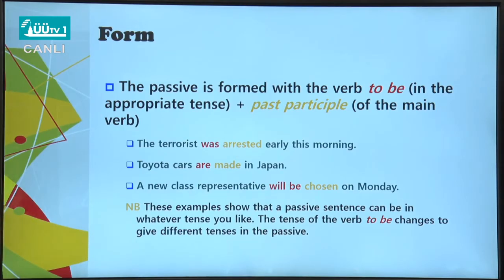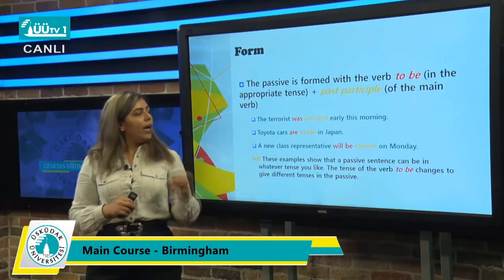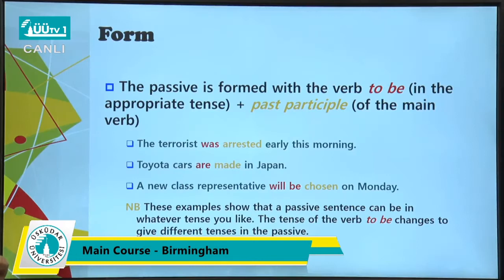So, how do we form passive sentences? First of all, in passive sentences, we always have the verb to be in all the tenses, and it is plus past participle of the main verb. For example, I have 3 examples here in different kinds of tense.